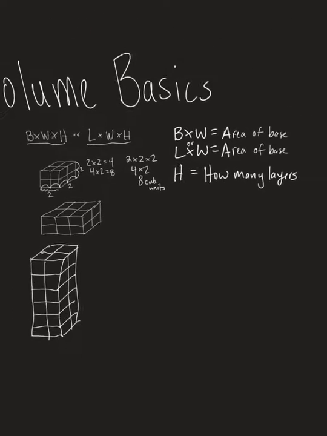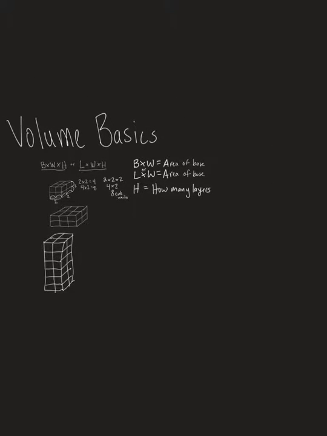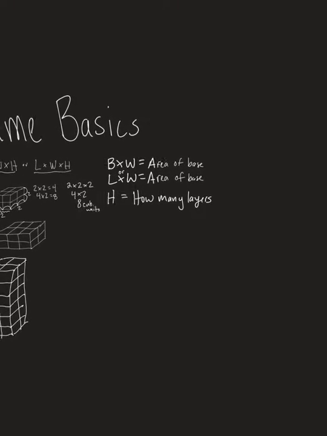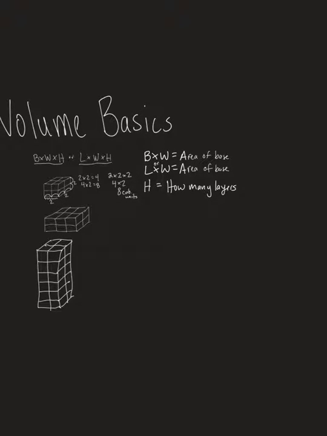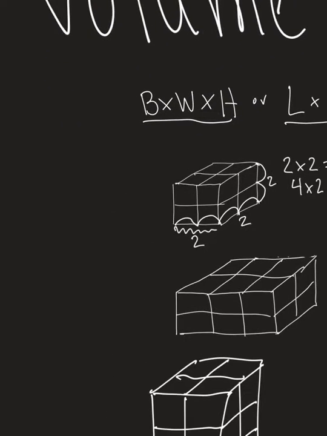Now, there's another way to solve it, and you're going to see this also in your lessons. It's going to say base times width is going to give you the area of the base, or length times width. They're going to ask you what the base is, which means what's the bottom. And then H is your height. That stands for how many layers there are. So let's break this one down. My base equals my 2 times 2, and that equals 4.